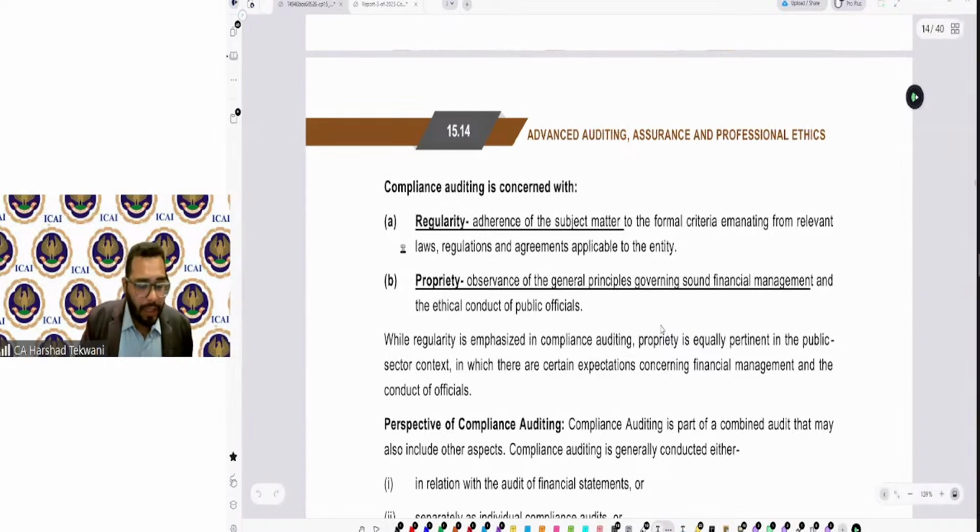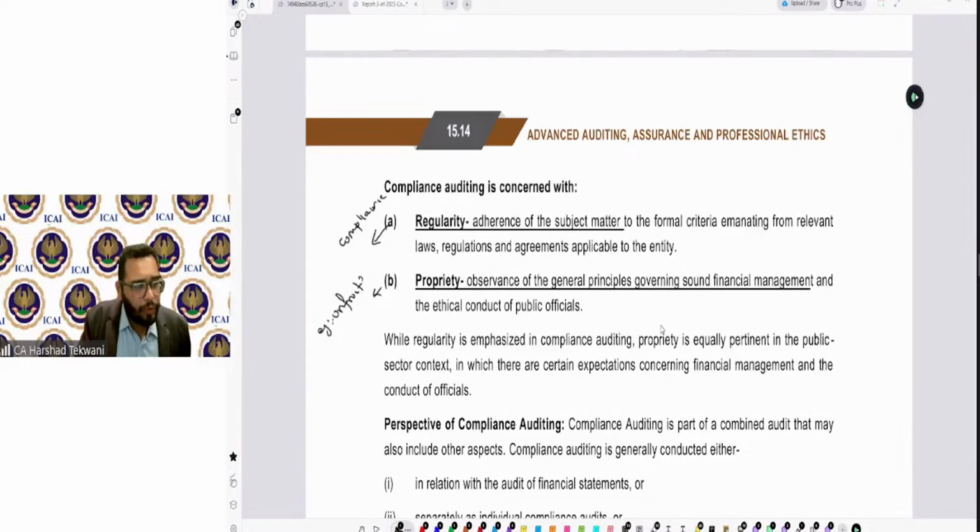So they check for the regularity, that is compliance, and they check for the propriety. An example I can give you is unfruitful expenditures. Okay.